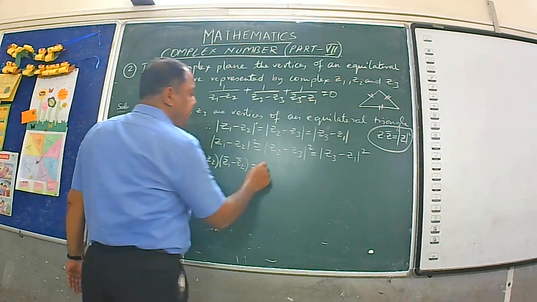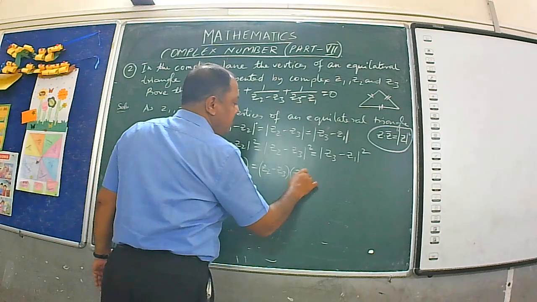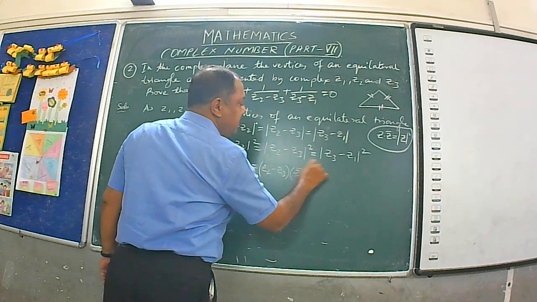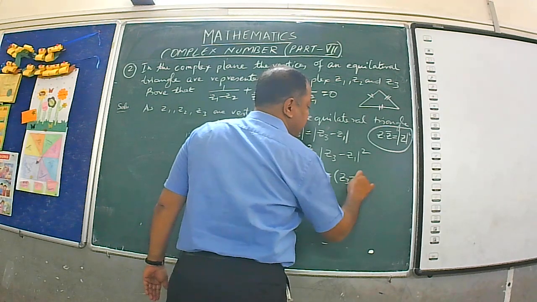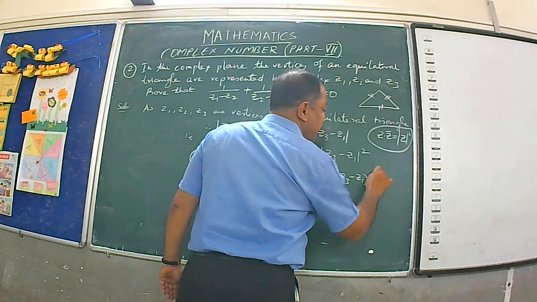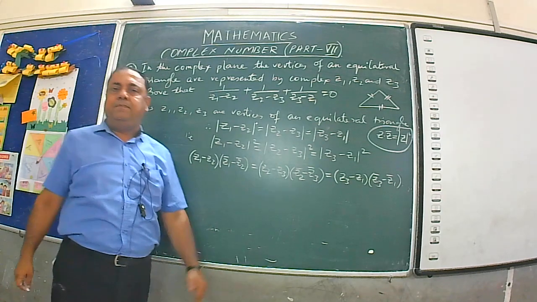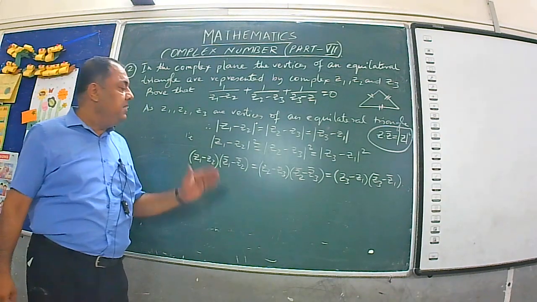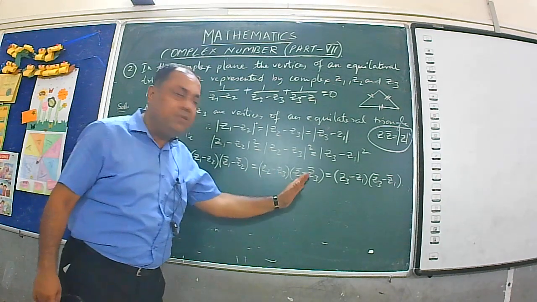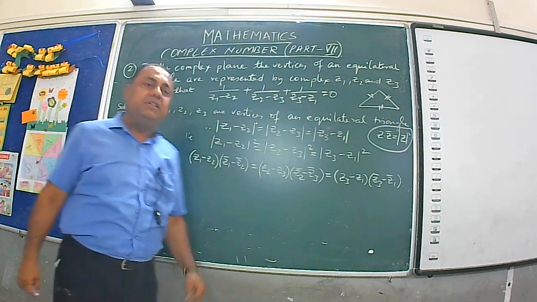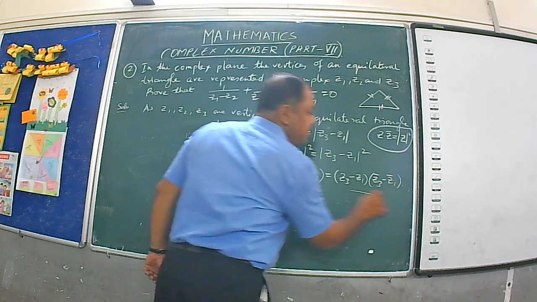Similarly, I may write Z2 minus Z3 into Z2 bar minus Z3 bar, and Z3 minus Z1 into Z3 bar minus Z1 bar. The very basic step in this problem is complex number into its conjugate equals the modulus squared. This is number 1.